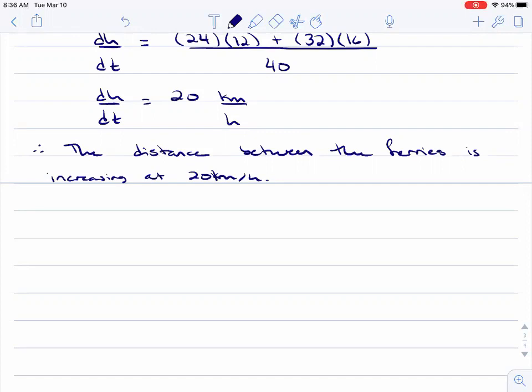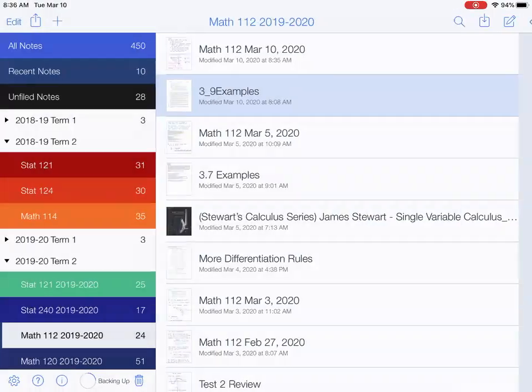Now two cars are heading towards an intersection and we're basically finding the exact same thing. I don't know what to call that type of question: two things approaching or moving away from each other, in a triangle type of situation.